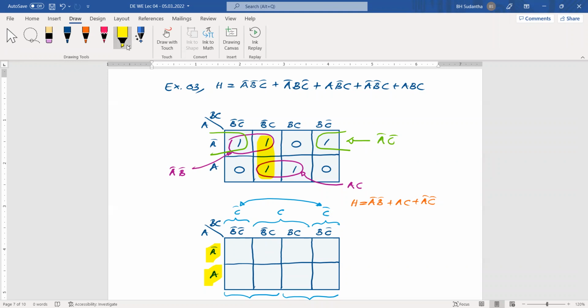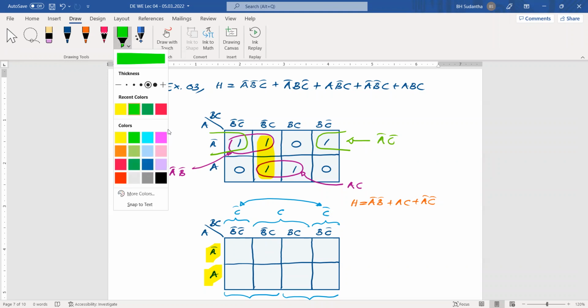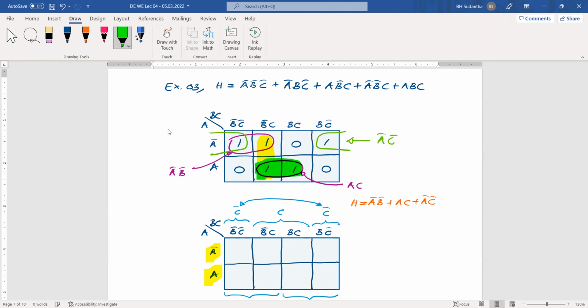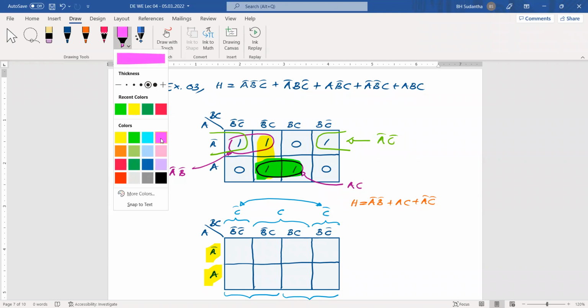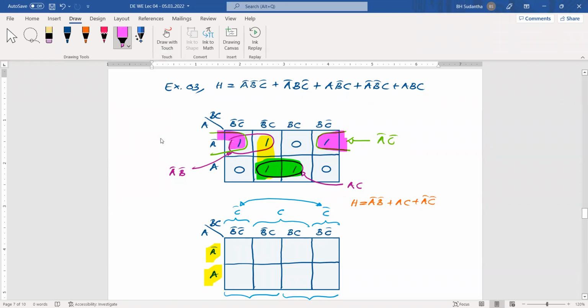In your case, you can make this one, and then this one, and to cover the other one, you can make this. Then again 3 groups. It's okay. That is also possible. But in my case, that one is not necessary.